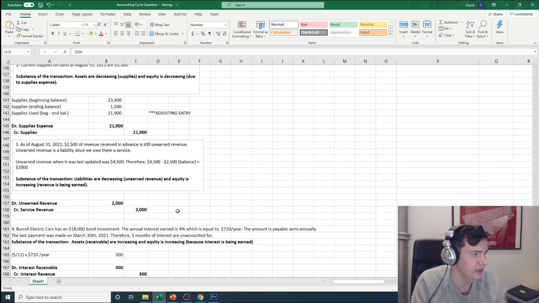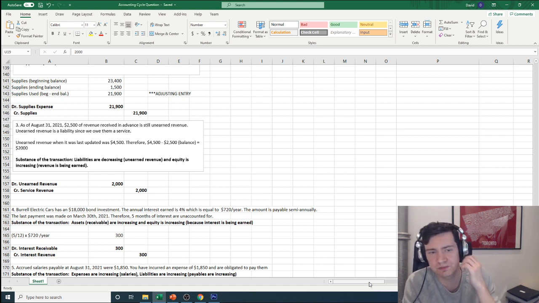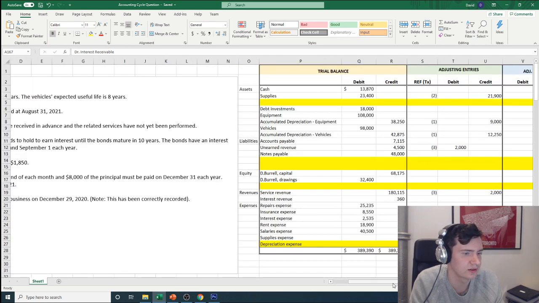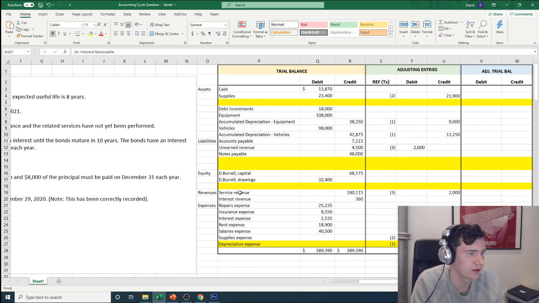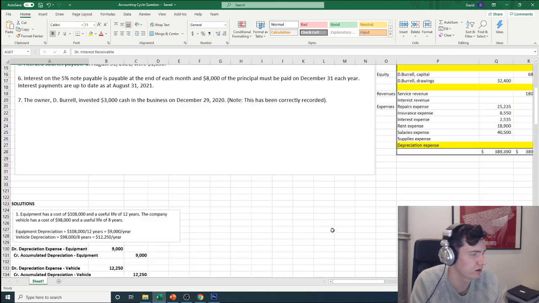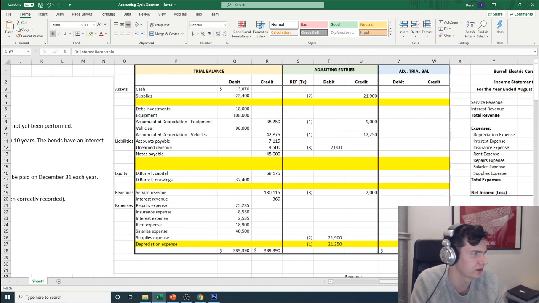Next one is a bond investment where we've earned interest revenue for $300. And that amount is going to be transferred once again. So we're going to go up here, debit interest receivable for, sorry, what was it? Was it 300? Yeah, 300. So interest receivable. Do we have an interest receivable account?